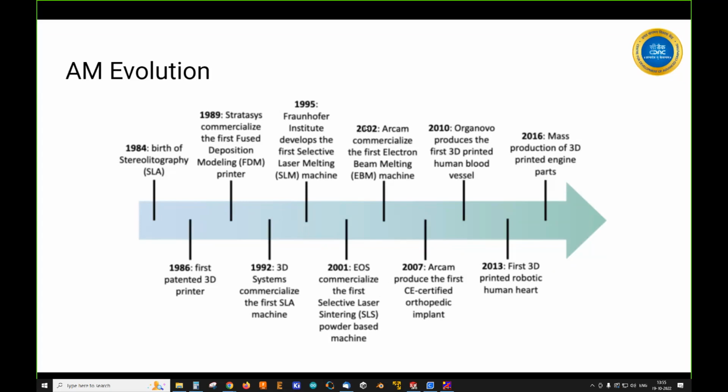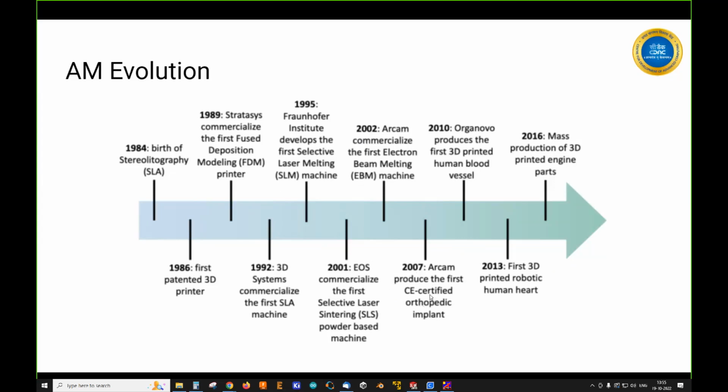Okay. And in 2002, a company called Arcam commercialized the first electron beam melting machine. Again, Arcam itself in 2007 made the first orthopedic part and got certified.